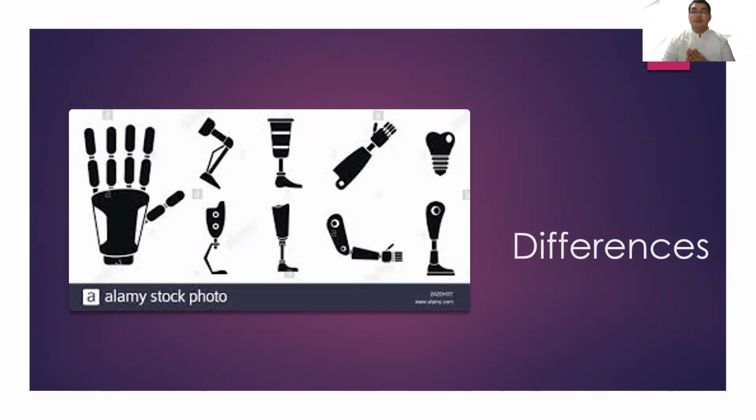In the case of simulation type, we have a lot of characteristics. For example, we have two models. One model doesn't have any movement, and the other model has one movement, but with limitations. In this case, the person that uses this type of prosthetics has the necessity to use an orthosis.